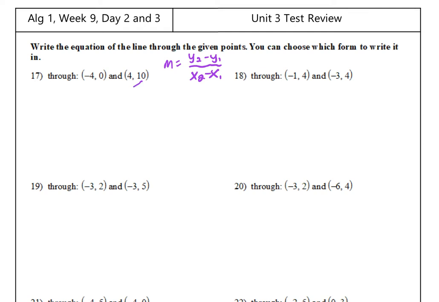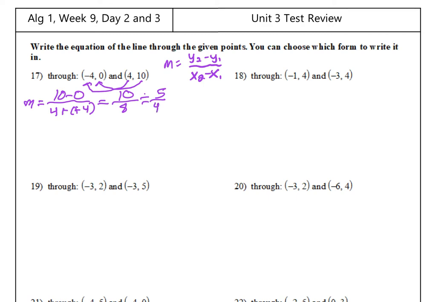So if I do 10 minus 0 on top, then I need to do 4 minus negative 4 on bottom and not the other direction. Both arrows go the same way there. So 10 minus 0 is 10. 4 minus negative 4, well, that's a plus plus situation. And then I'm going to simplify this. 10 over 8 is 5/4.